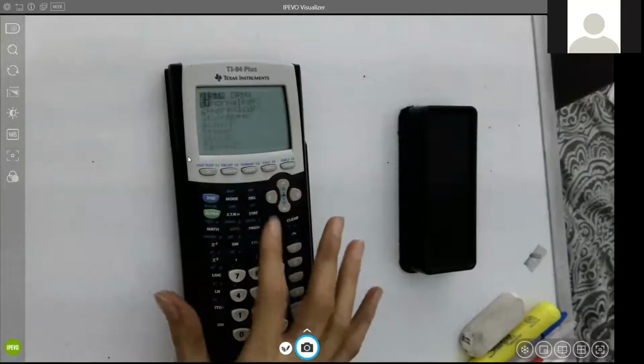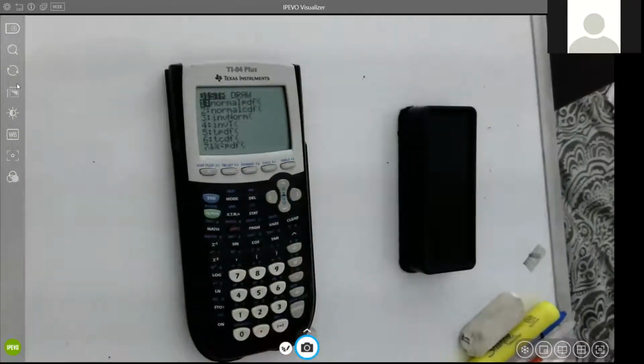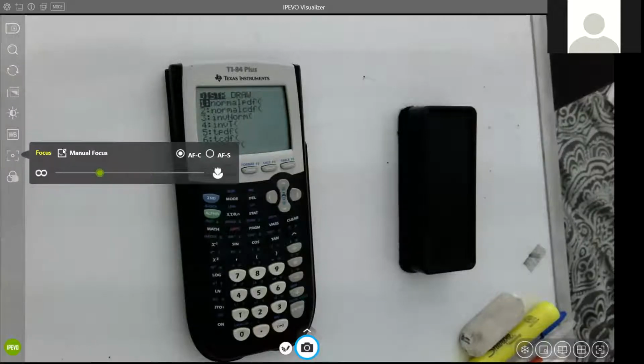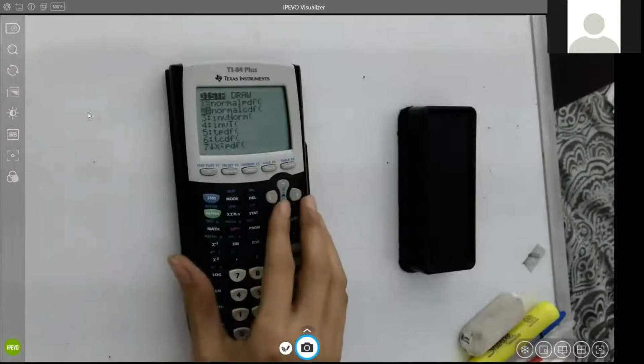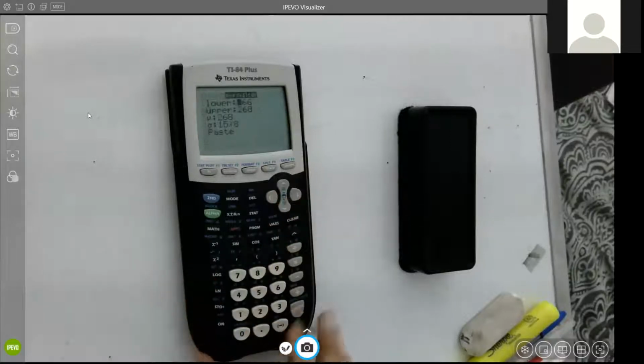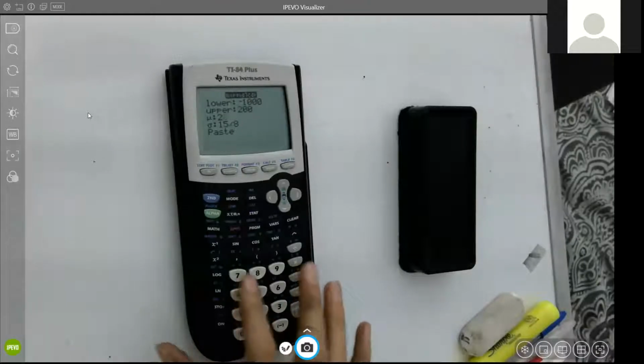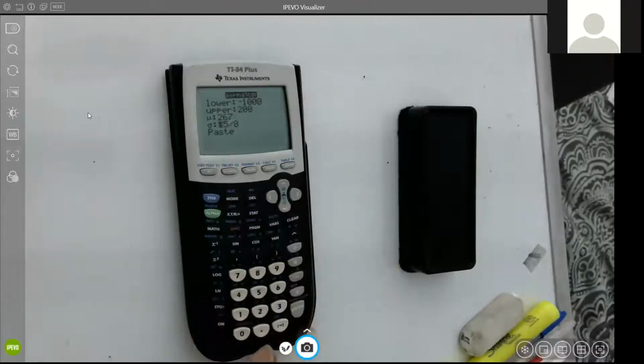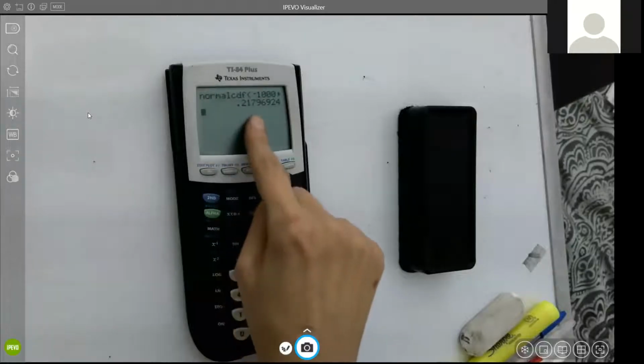Second, bars. Normal CDF. The lower limit is negative 1,000, 10,000. Upper limit is 200. Mean is 267. And standard deviation is 86.